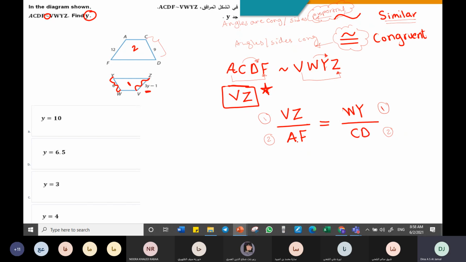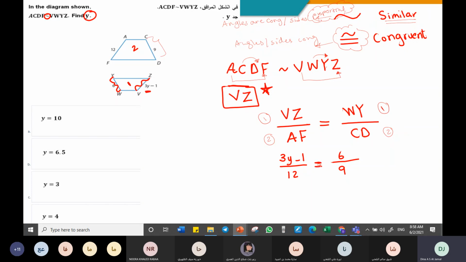Let's now substitute with the numbers. What is VZ? 3y minus 1 over, what is AF? Equal to WY, x, over, what is CD? 9. Now, again, I'm having an unknown. What shall I do?